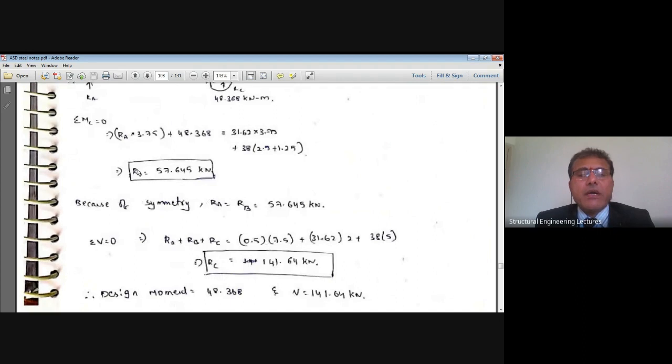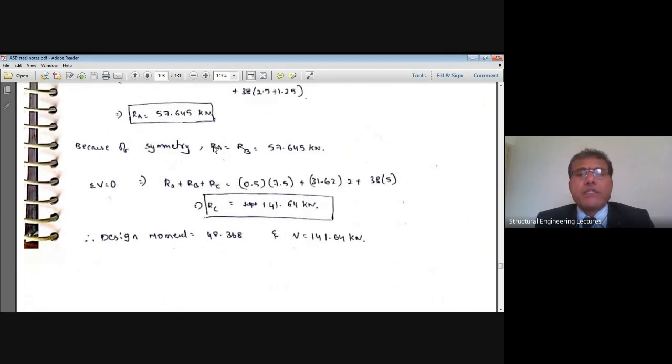Solving this, I already know RA, but because of the symmetry I can say it is equal to the reaction at the right support, 57.645, which is also RB. Therefore, the only unknown is the reaction at the intermediate location, RC, which is 141.64.